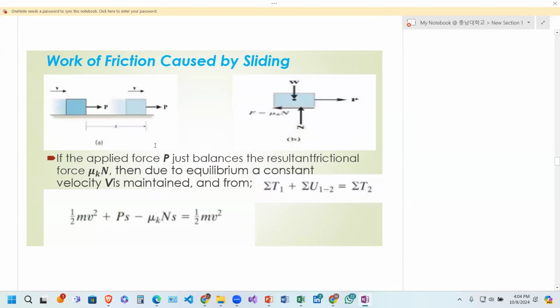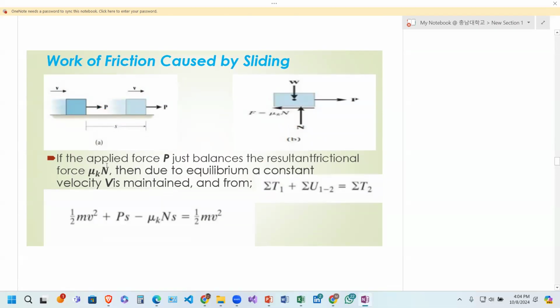Now let's look at the work of friction caused by sliding. We know that if the surface is rough and a force is applied to a particle, there is going to be an opposing force, opposite in direction to the applied force, and that's what we call the friction force.